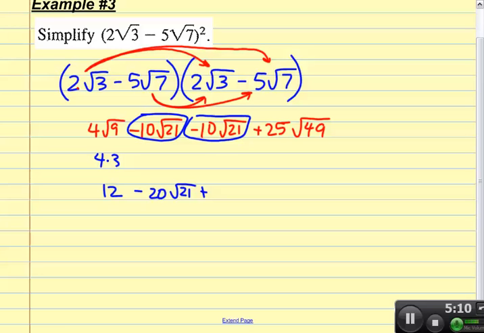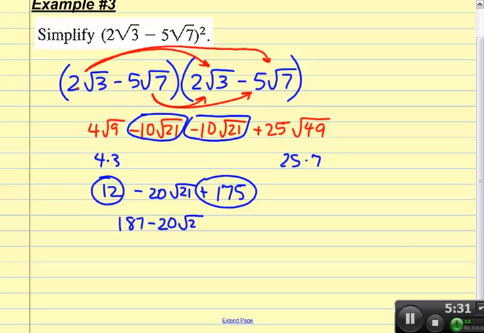Plus, now look, this is 25 times the square root of 49, which is 7. 7 times 25 is 175, is that right? Okay, good. And then I can still combine this, and it's going to give me 187 minus 20 times the square root of 21.